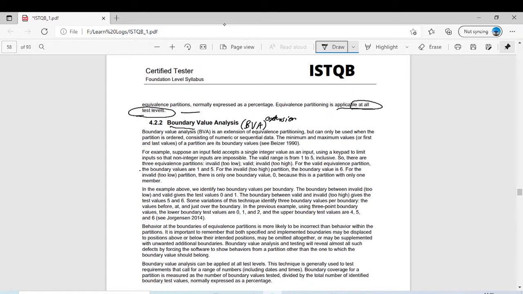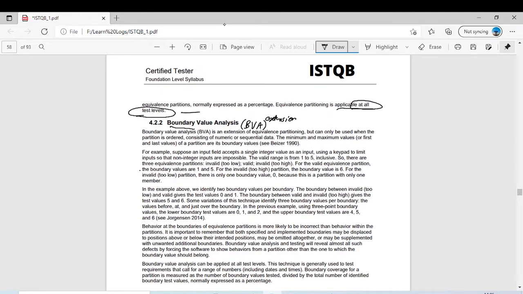Why is it an extension? Because, as the name suggests, in equivalence partitioning we only take one value, for example, but sometimes on the boundary there is more chance that your system will not respond as expected.